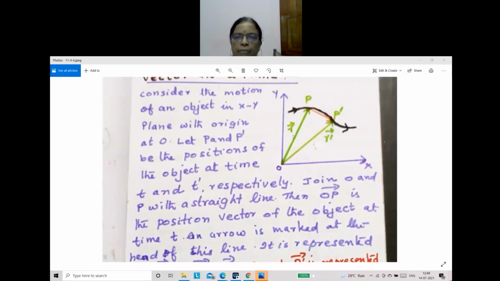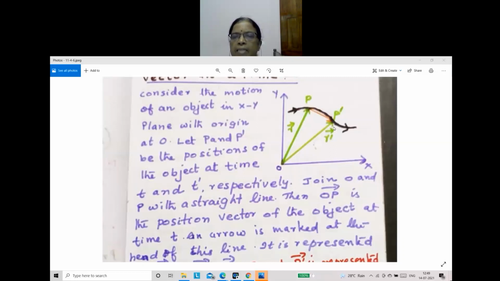So the position vector tells us how far it is from the origin and in which direction it is lying with respect to the origin. It tells us two things. Then at a later time T dash, it is at P dash, and the position vector R dash is a straight line from the origin to that point.